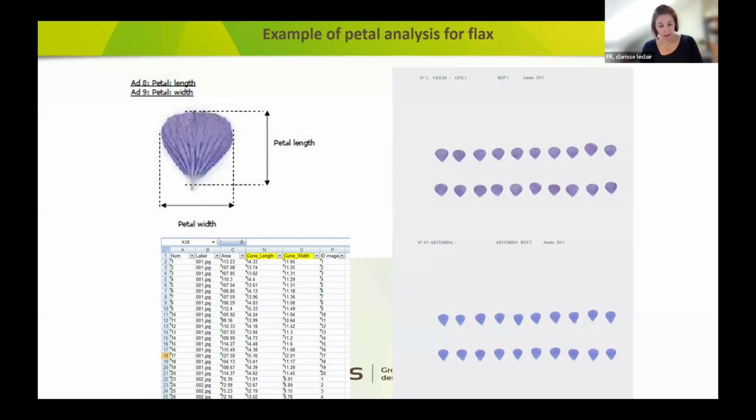So to do that, we collect 20 fresh petals in the field. The petals are glued onto a self-adhesive paper. And then, once again, there is a scan that is performed, and the scanned image is analyzed by the software AIM, and we get this Excel file.